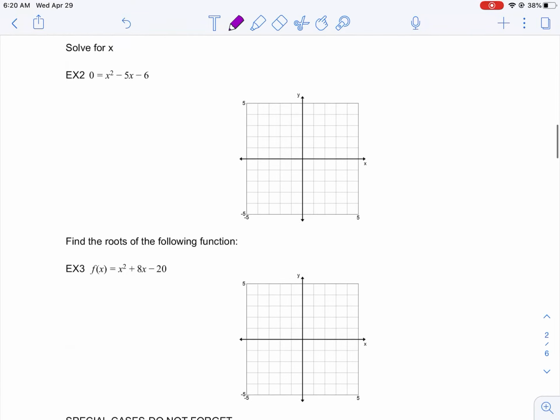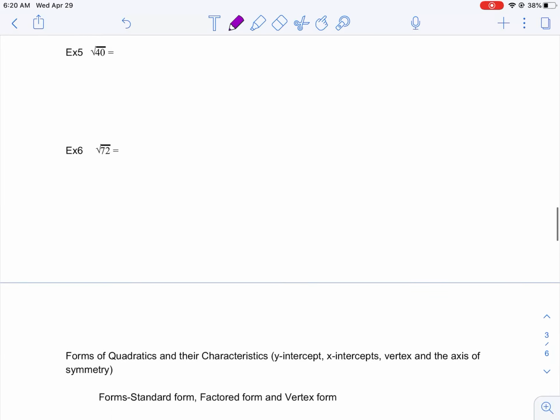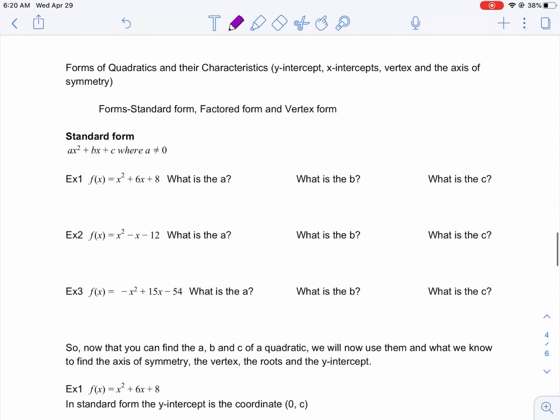So the last thing we ended with was starting with the forms of the quadratics. And we started with standard form, that was ax squared plus bx plus c. You had to identify the a, the b, and the c, and we used those to help find our y-intercept. It let us know if it was concave up or down, which would let us know if it had a maximum or a minimum point.